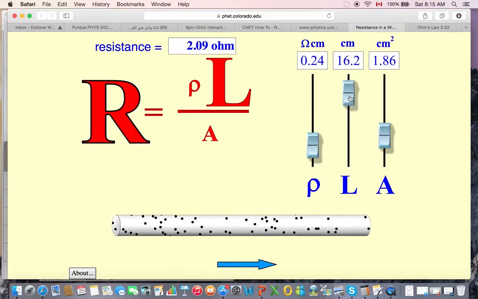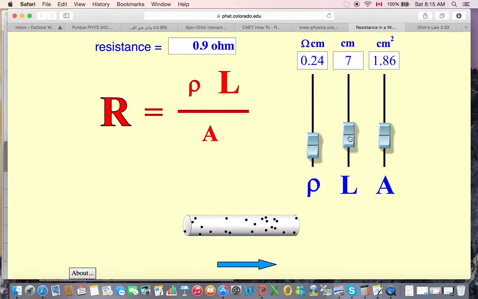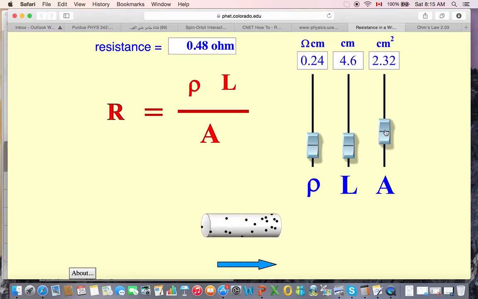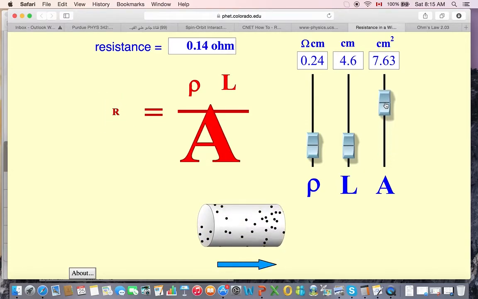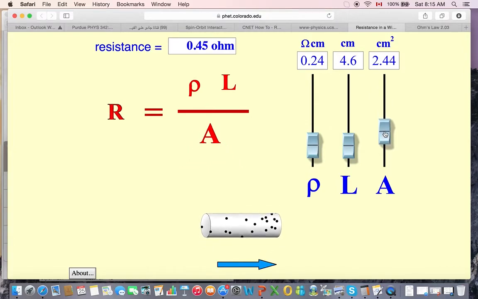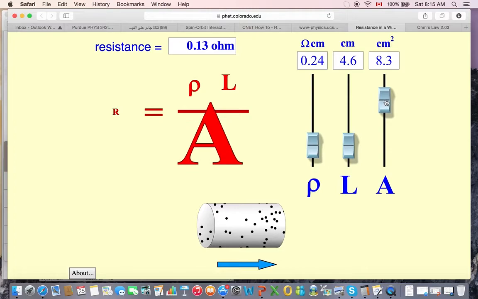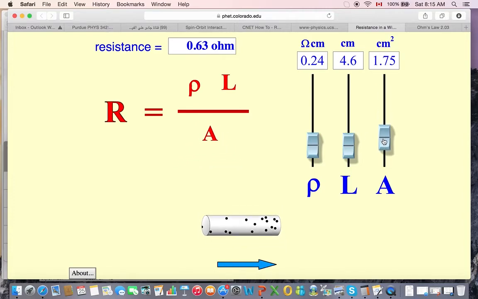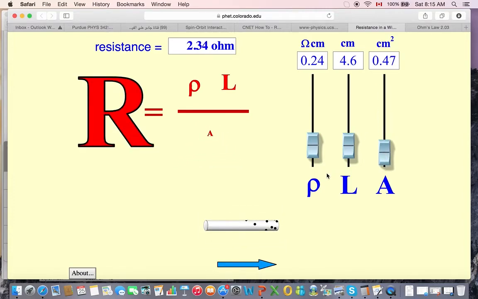Now here, because you're creating more space between the charges inside the wire, that means as you increase A, the cross-sectional area, R becomes less, and as you decrease it, R becomes big. All right.